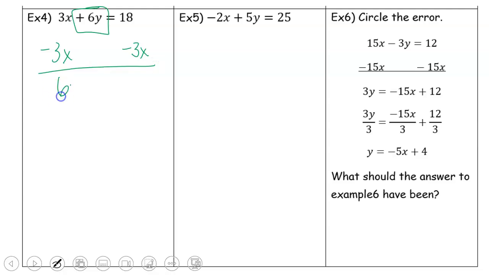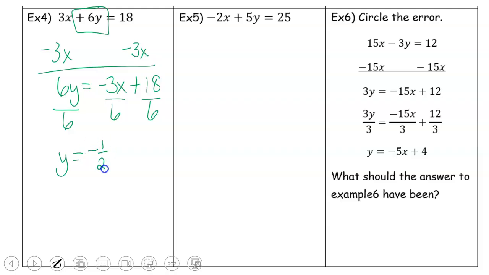So now I have 6y equals negative 3x plus 18. And to get rid of times 6, I'm going to divide by 6, and I'll divide everything by 6. So y equals, all right, I've got a fraction. I just have to simplify it. Negative 3 divided by 6 would be negative 1/2 x, and 18 divided by 6 would be positive 3.